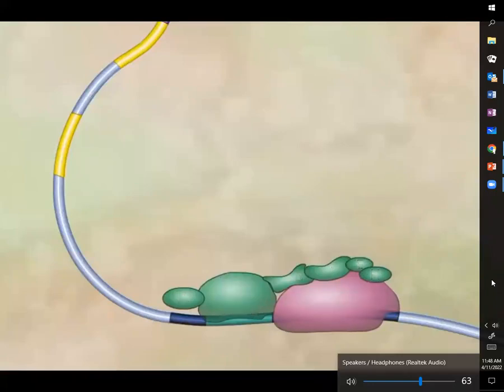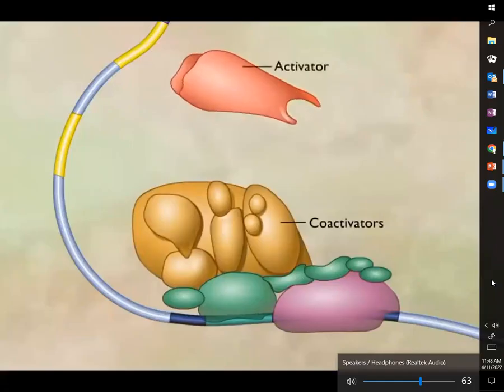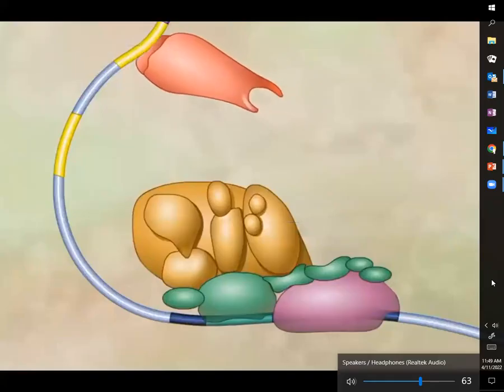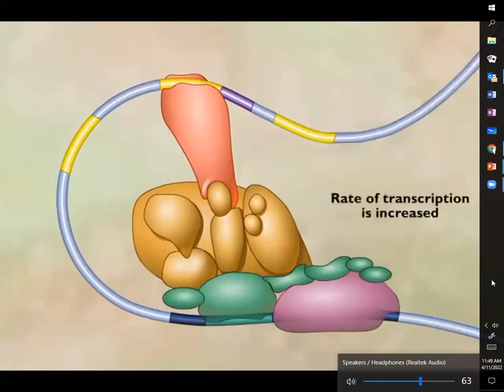A second set of transcription factors, called coactivators, link the basal factors with a third set of transcription factor proteins called activators. Activators are regulatory proteins that bind to sequences on DNA called enhancers. Enhancers are located at sites that are distant from the promoter. The interaction of activator proteins with transcription factor subunits increases the rate of transcription.